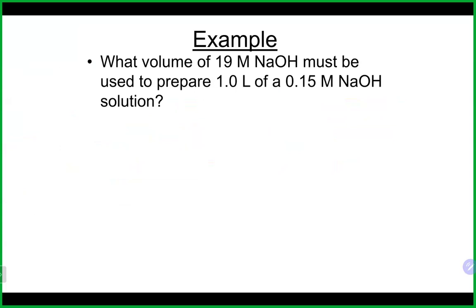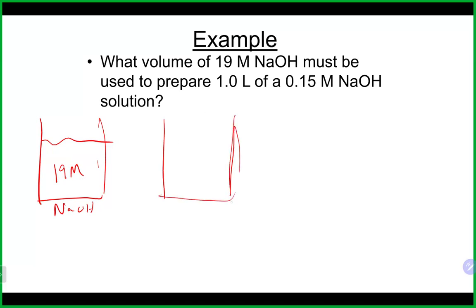So what we really got going on here is we have a container that has 19 molar sodium hydroxide in it. And what we want to make is a new container that is 1 liter in volume. That, by the way, is 1,000 milliliters, right?